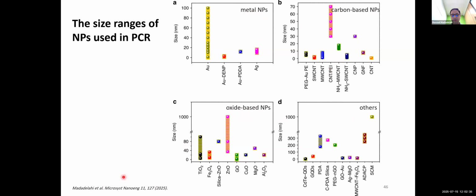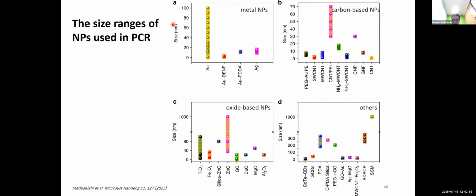You can find the complete list in this paper, where we processed, I think, more than 200 papers to find the range of different nanoparticle sizes that can be used in the PCR procedure.